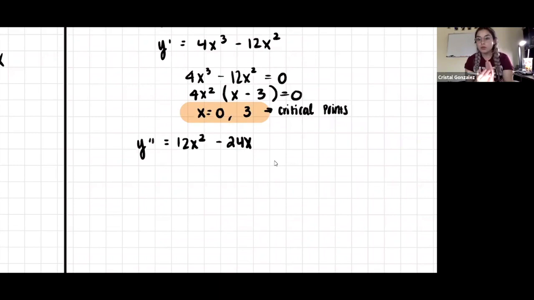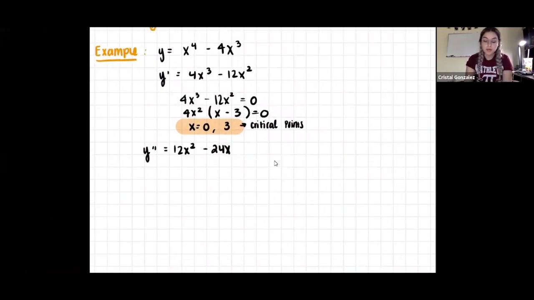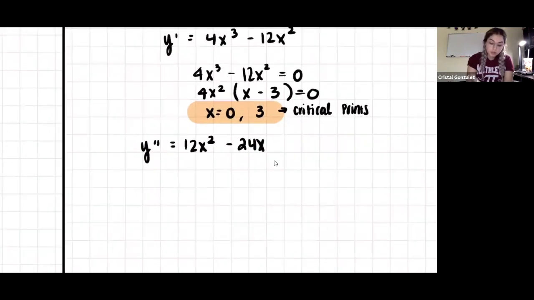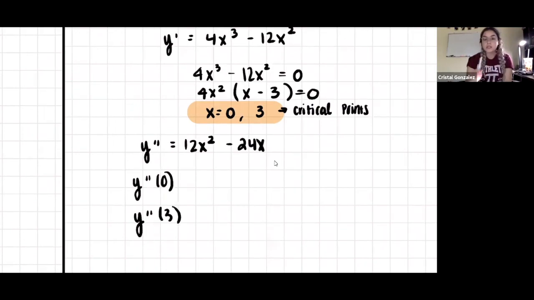So instead of using that number line to determine whether our intervals were increasing and decreasing and whether those were local minimums and maximums, we're actually going to test our critical points in that second derivative. So we're going to plug in f double prime of 0 and f double prime of 3 into our second derivative and determine whether that's positive or negative.